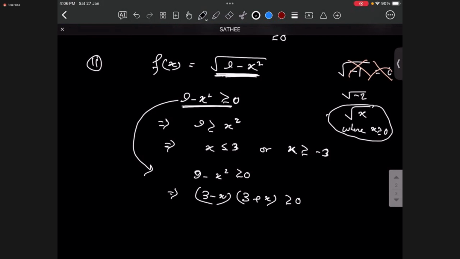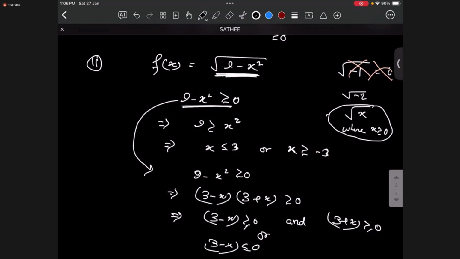Now this implies either 3 minus x greater than or equal to 0 and 3 plus x greater than or equal to 0, or 3 minus x less than or equal to 0 and 3 plus x less than or equal to 0.